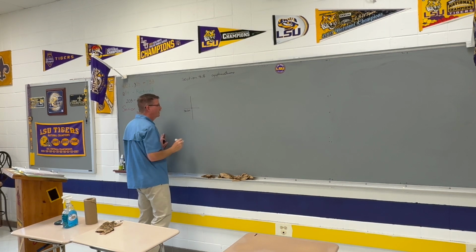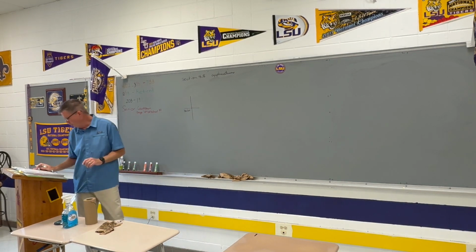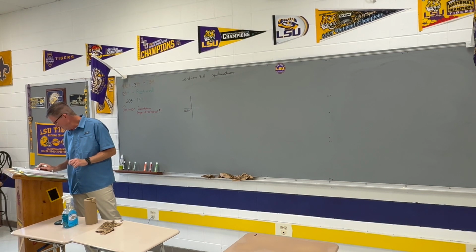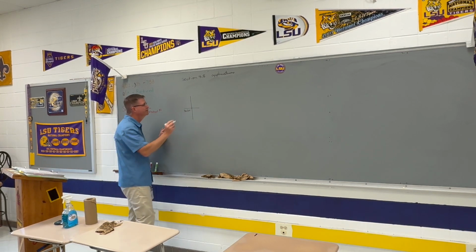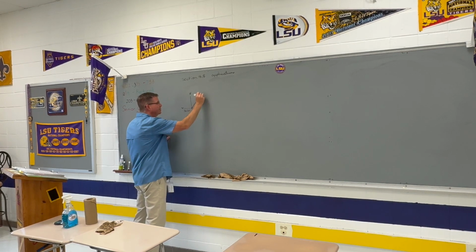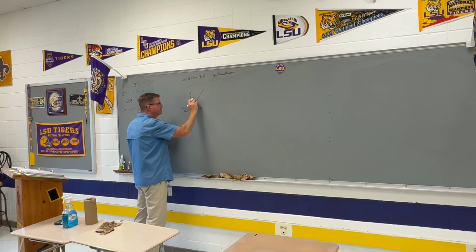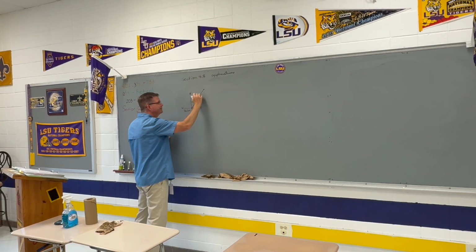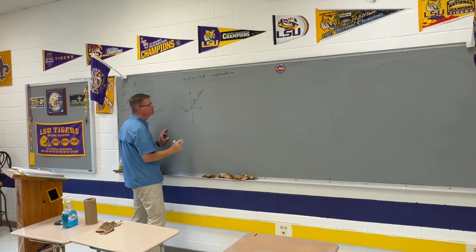So that would be my north, south, east, and west. North 42 degrees. And here's my ship, and it went 25 miles. That represents my distance, 25 miles.